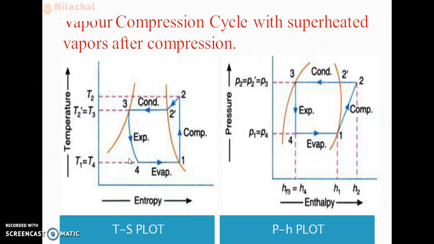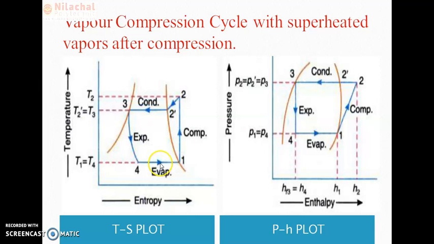The process names: from 1 to 2 is the isentropic compression process, 2 to 3 the condenser process, 3 to 4 the isenthalpic expansion process, and 4 to 1 the evaporation or vaporization process. All the processes are the same as previously.